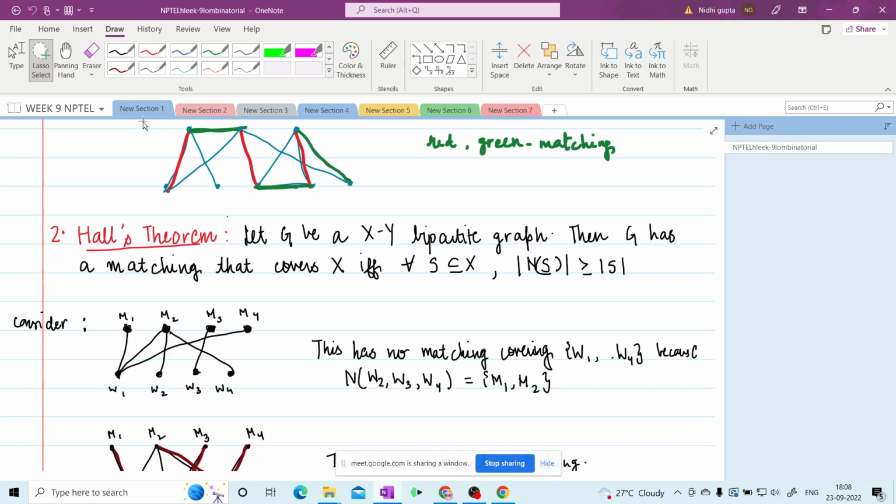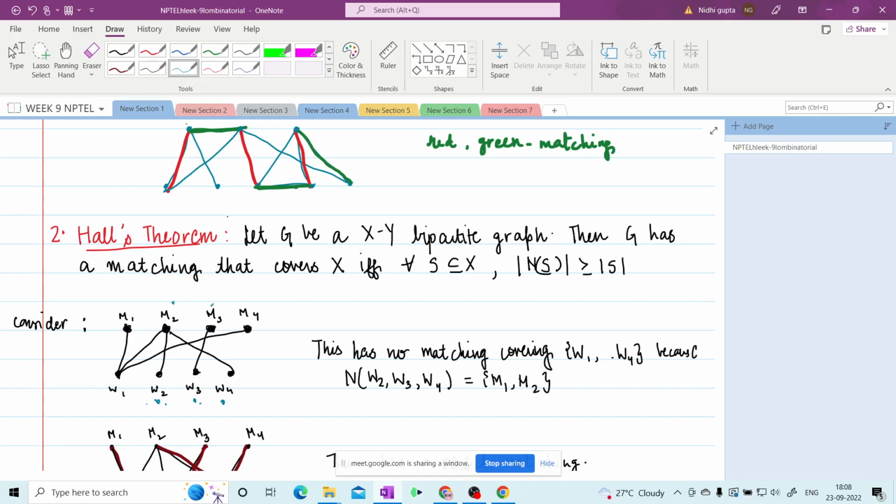Now if we try to find a matching for this graph, we won't be able to find it due to the presence of these three women. If we have these women W2, W3, W4 and look at the men that they prefer, together they have just two men, M2 and M3.